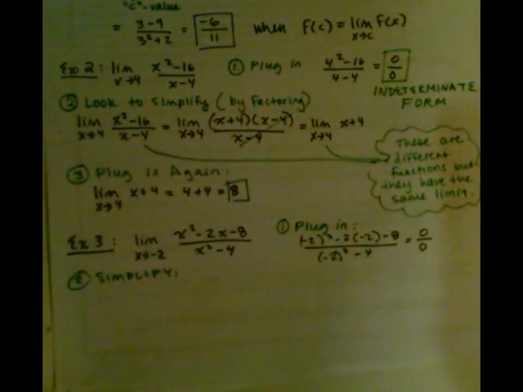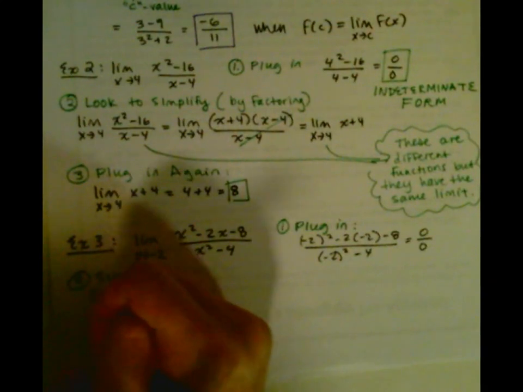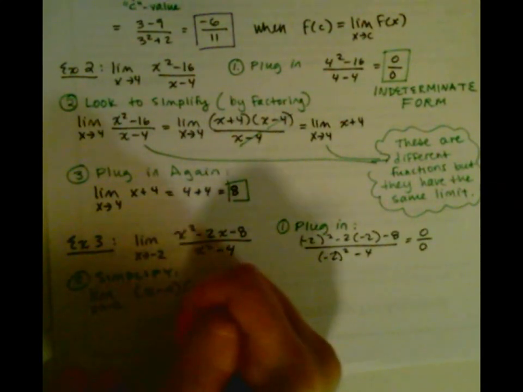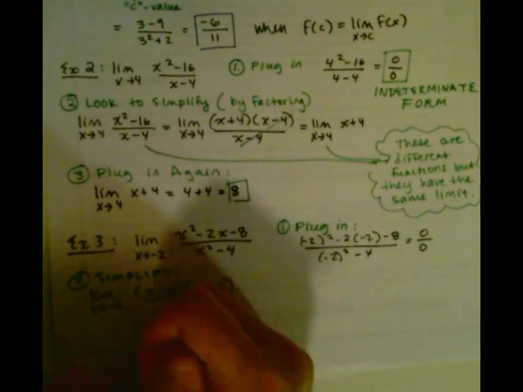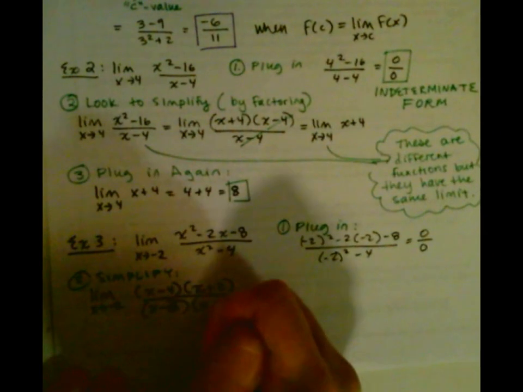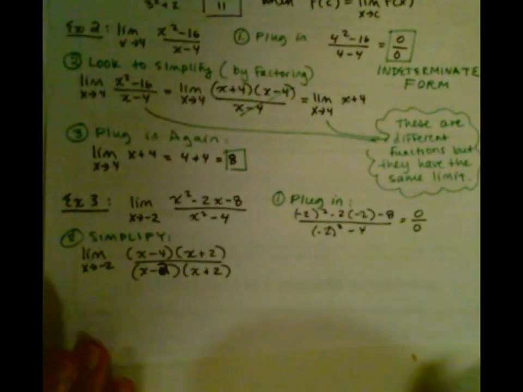So it looks like this has a quadratic on the top and the bottom. So I'm going to factor both the top and the bottom. The top is going to factor into x minus 4 and x plus 2. The bottom factors into x minus 2 and x plus 2. And now what can I simplify?